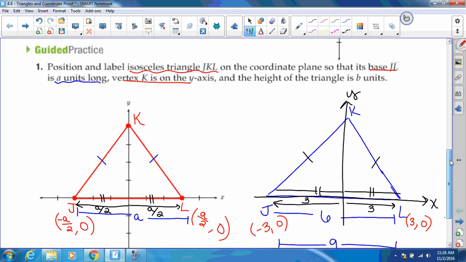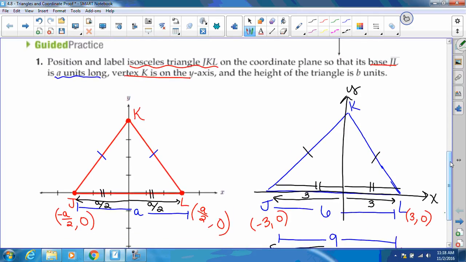The next piece of information is that we want the height of our triangle to be B units. So it's important to remember when you're finding the height of the triangle, the height would be the perpendicular line to the base, which would be this distance here. So we want that height to be B units.